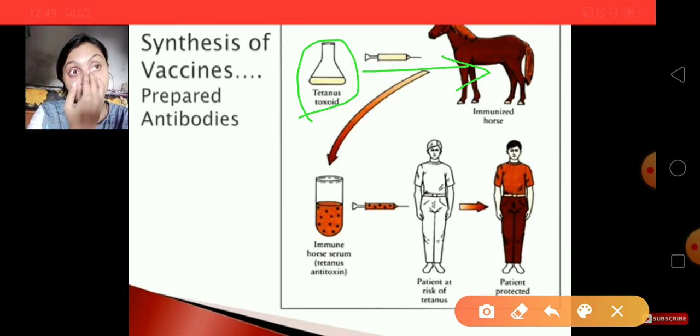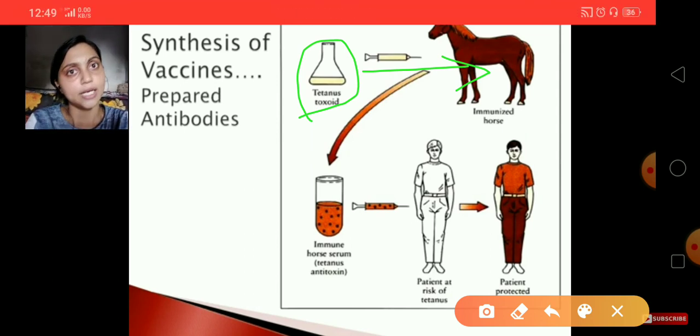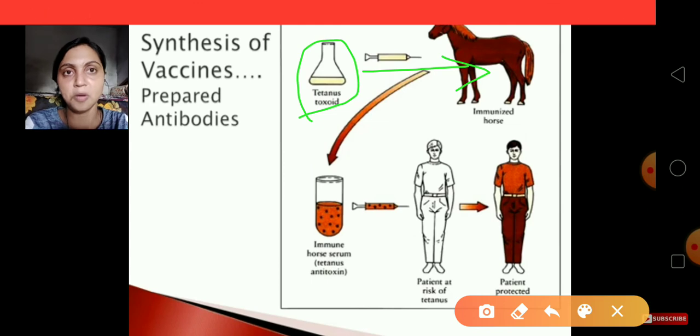Time to time, blood from this horse will be collected, and inside the blood the ready-made antibodies of the horse will be there. These antibodies will be injected into the patient, in case of human beings and bigger animals like tiger, dog, cat.